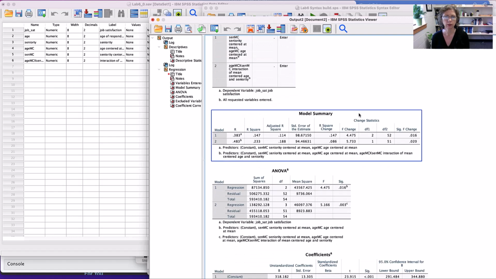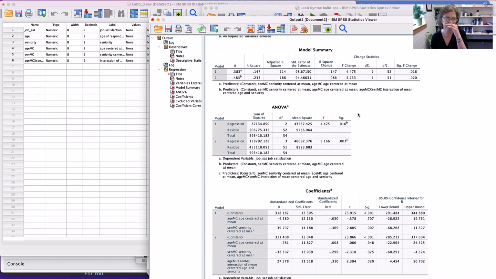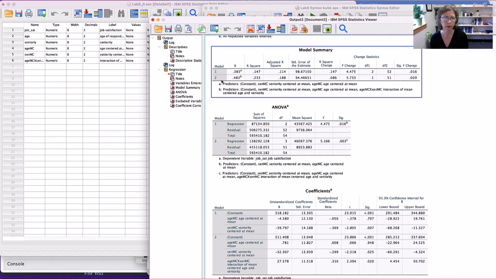So like I was talking about on the lecture video, when you're looking at the overall model, you're looking at model 2. You're looking at the one with everybody in it. And that's where we get our F-stat line, our degrees of freedom for the overall model, our significance for the overall model, and model 2 here is your R-squared.